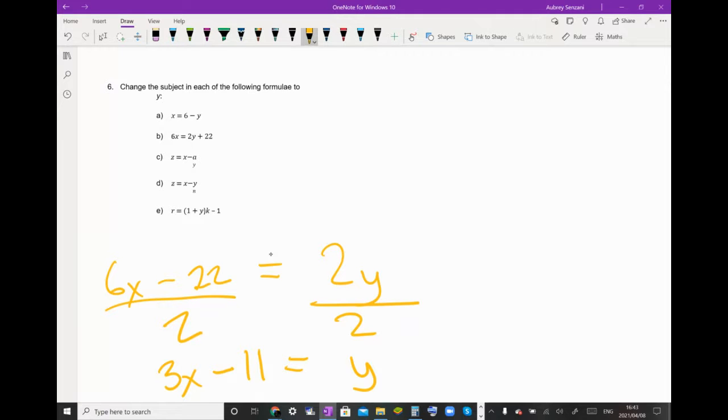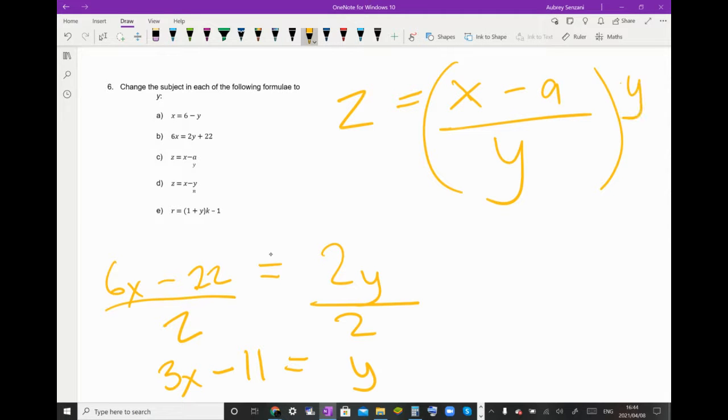So this is supposed to be Z is equals to X minus A divided by Y. In order to remove this Y as the denominator, you need to times both sides by Y. Which, times that, is obviously going to give you the following.